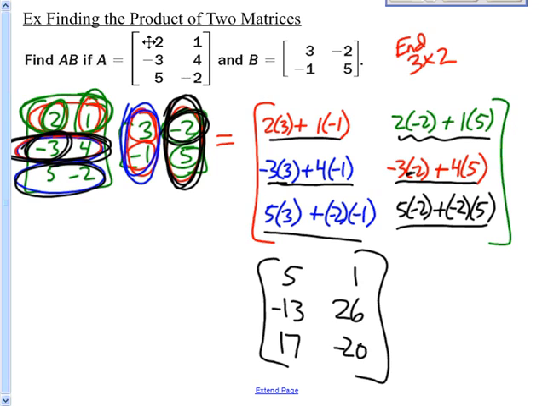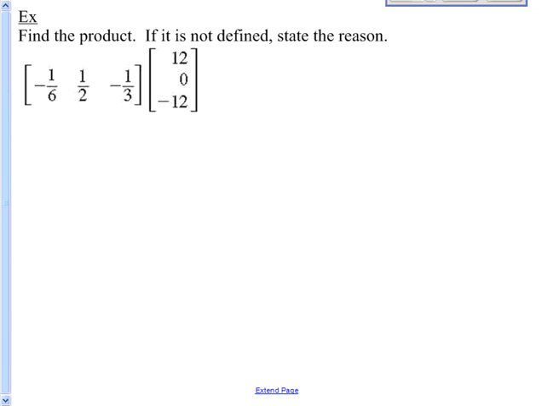Let's try another one here. Find the product if it's defined. So first of all, it looks like this first one we've got 1 row by 3 columns, so 1 by 3. And the second one, it looks like we have 3 rows by 1 column. So we say, is that defined?